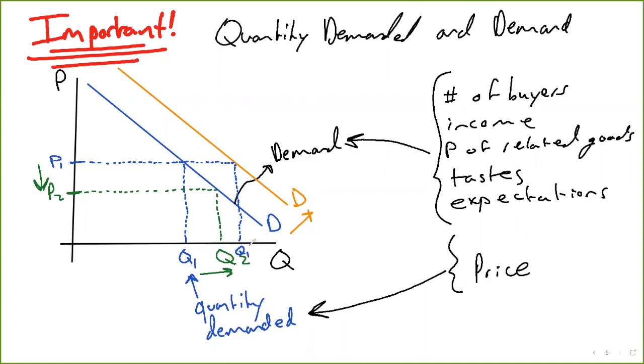I'll call this Q1 prime. This is D prime, we'll call that. So it's important to keep all these terms straight, right? We have quantity demanded and demand. Price affects quantity demanded only. These other factors can affect demand, which can also affect quantity demanded.